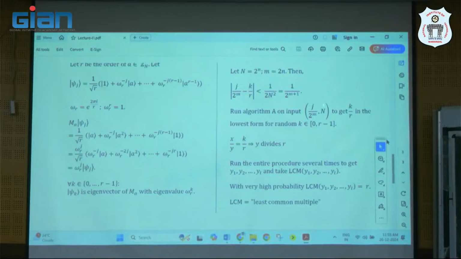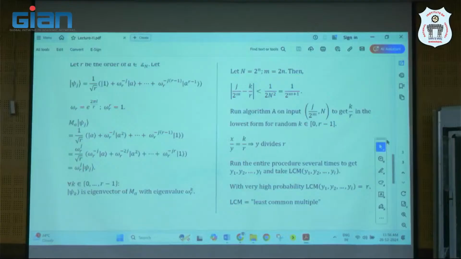So what happens? We get a good rational approximation for j over 2 to the m. See, already j over 2 to the m is rational, it is not irrational, but we get a very good approximation to it in the simplest form. How close? Close is 1 over 2 to the n square, correct? So this much close approximation we are going to get for j over 2 to the m.